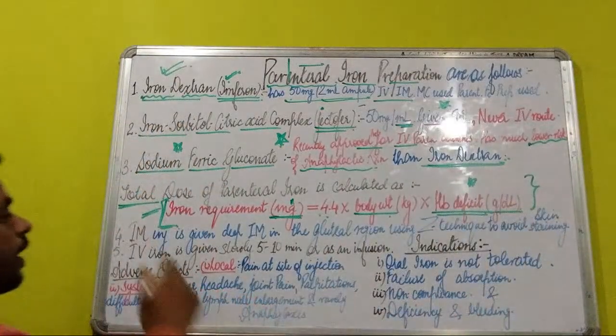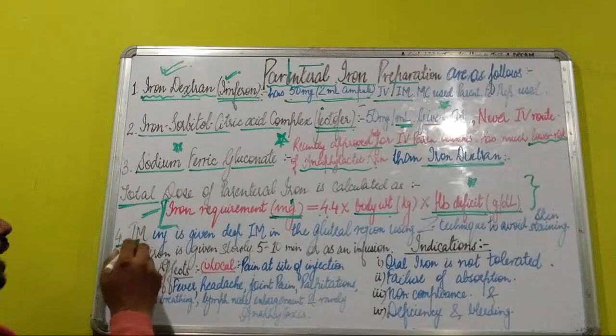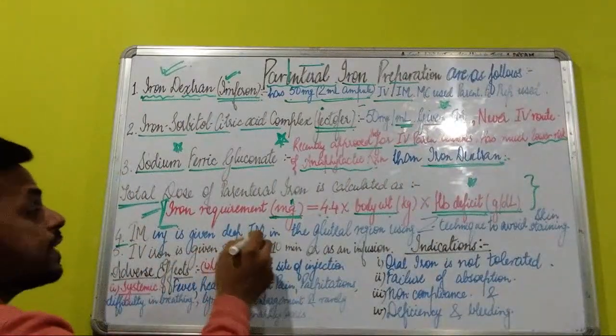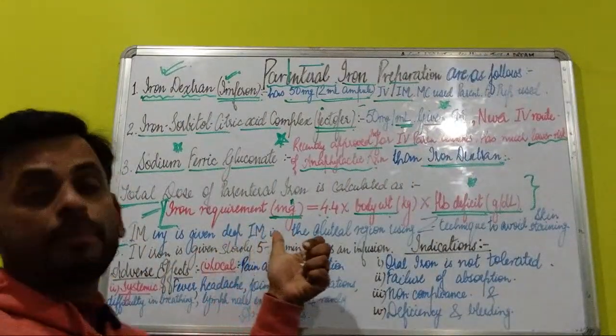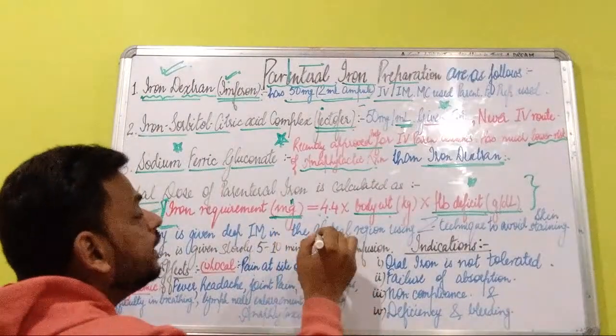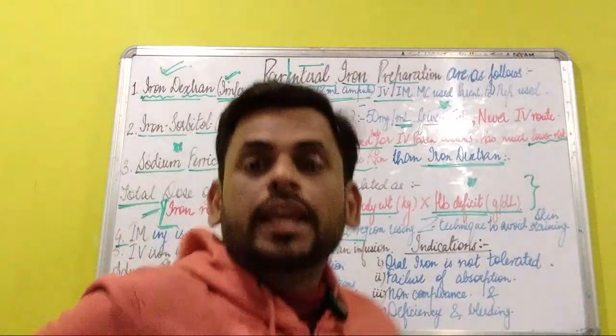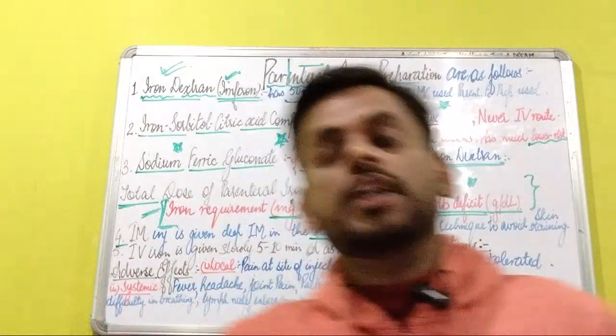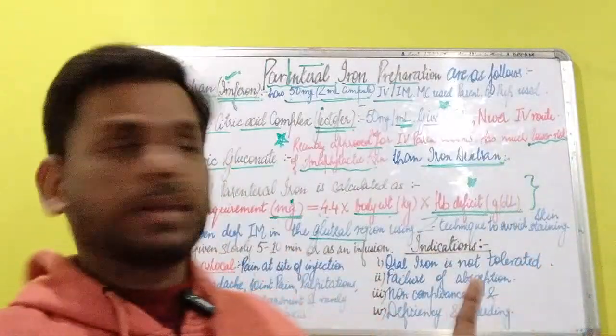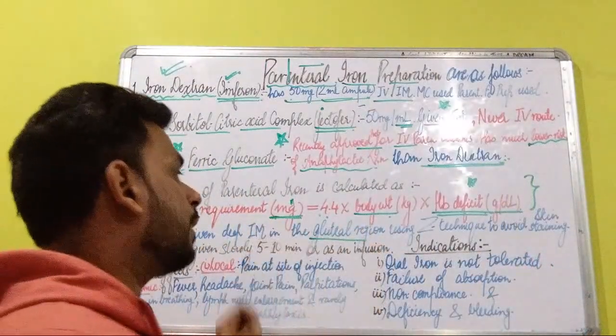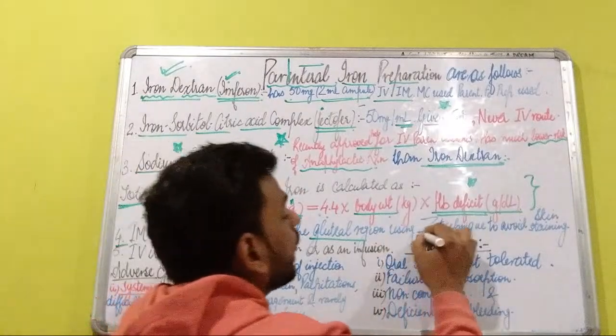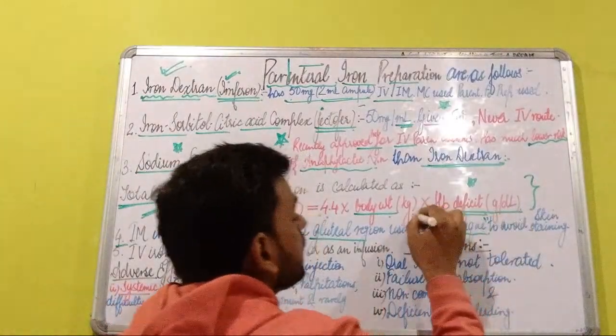The next iron preparation is the intramuscular injection, given deep intramuscularly, particularly in the gluteal region, in the hips and buttocks region, and the technique involved is the Z technique.